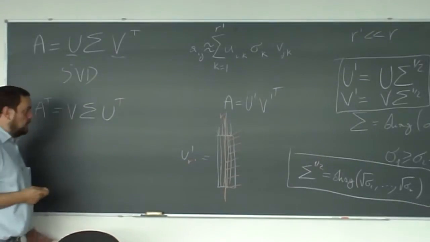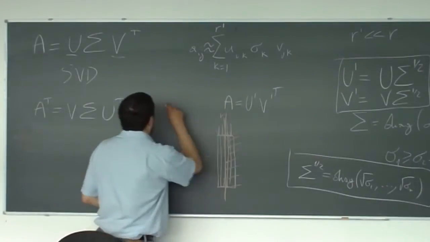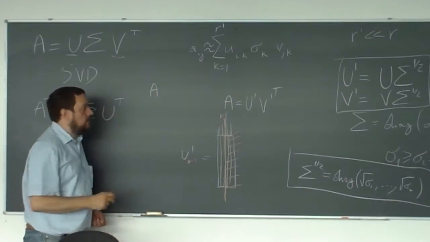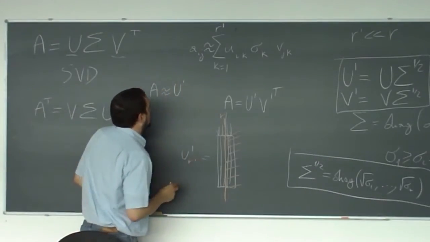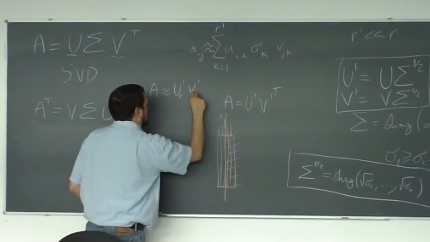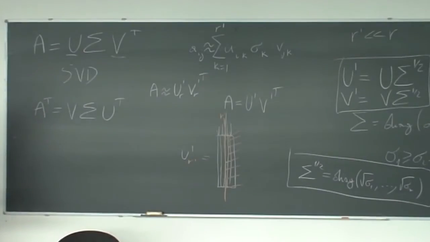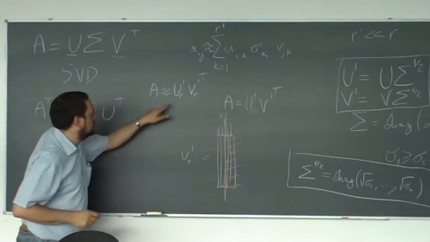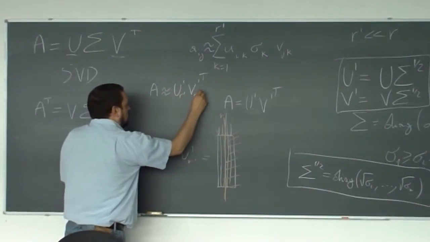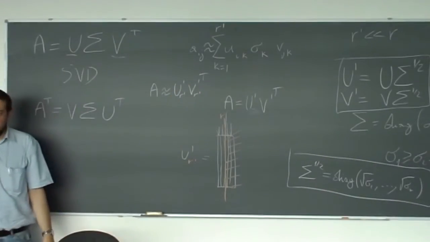Okay, so like before, we can have an approximation of A by only taking the first R prime columns of U prime and the first R prime columns of V prime.